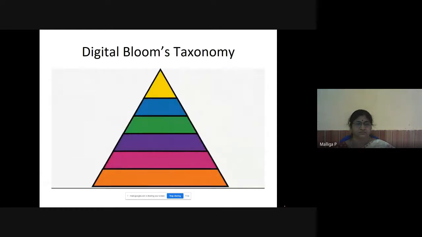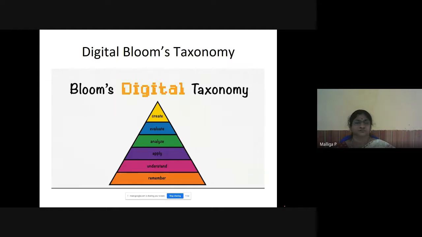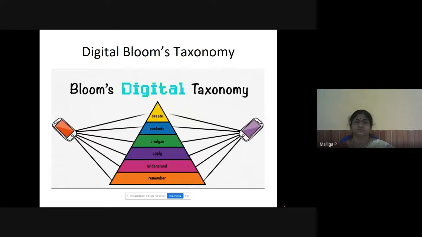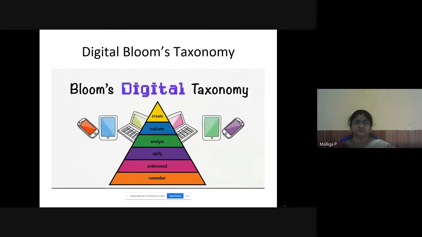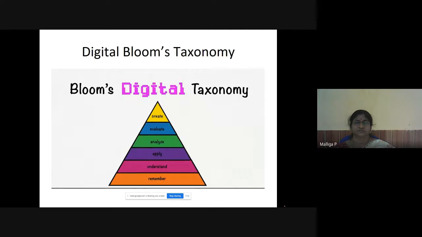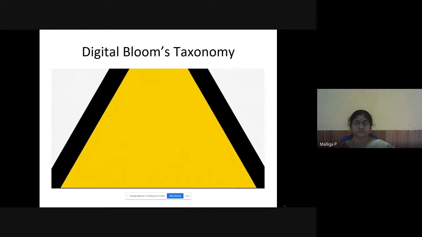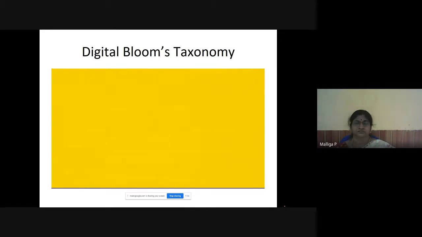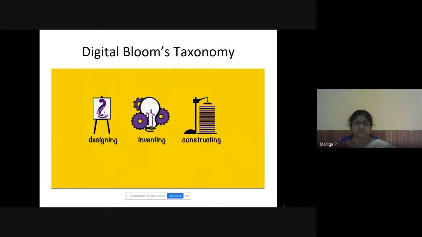But in thinking about how technology affects this model, consider it as Bloom's digital taxonomy. This updated version aims to expand upon the skills associated with each level as technology becomes a more ingrained and essential part of learning. For instance, some propose that new action verbs can be applied within each level. Let's take a look at creating, in which learners are designing, inventing, and constructing a piece of work that shows what they mean.